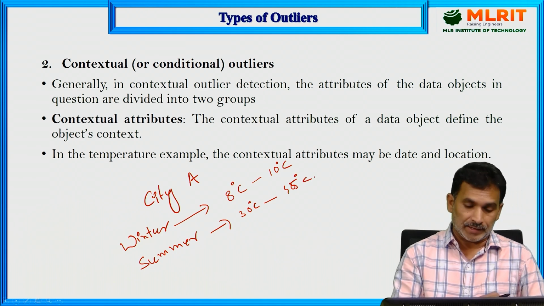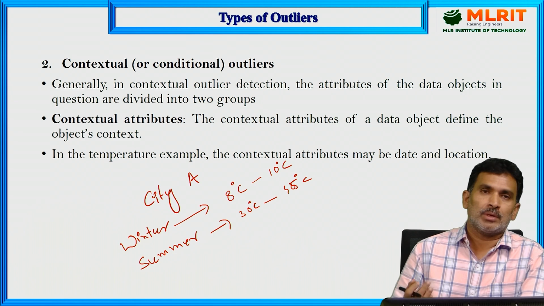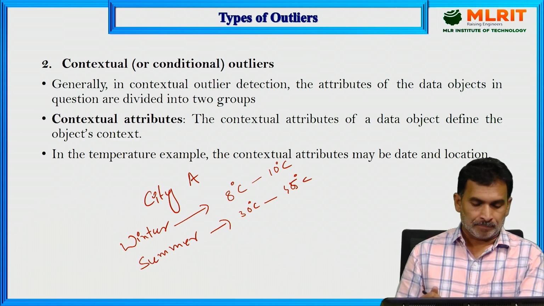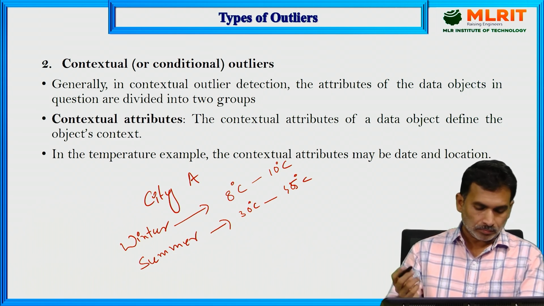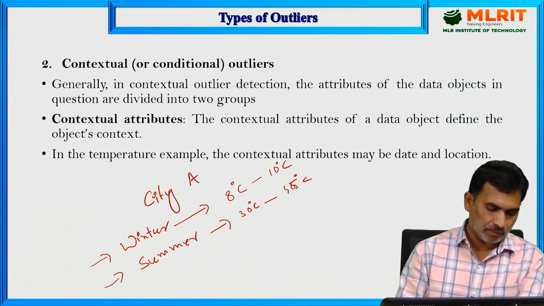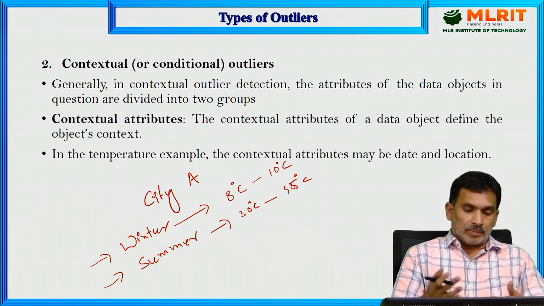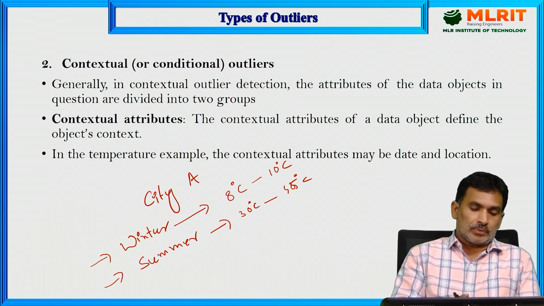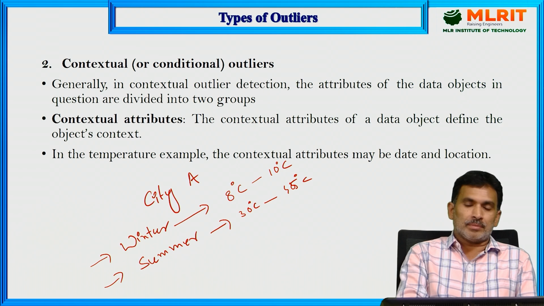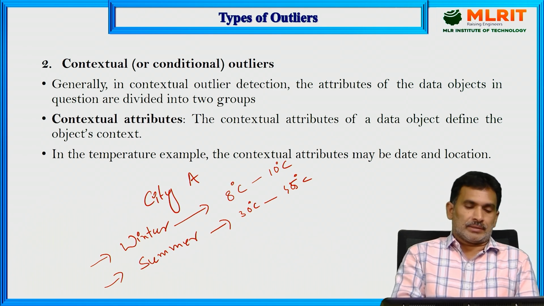Let us just assume this to understand what we mean by contextual. Suppose this is the data: in the winter in a city, the temperatures drop to a minimum of 8 degrees and a maximum of 10 degrees, whereas in the summer it is 30 to 45 degrees Celsius.